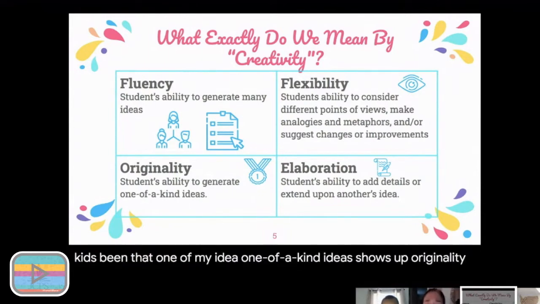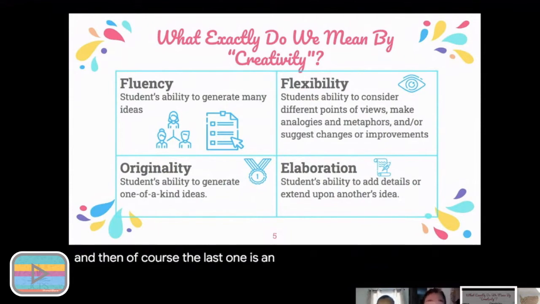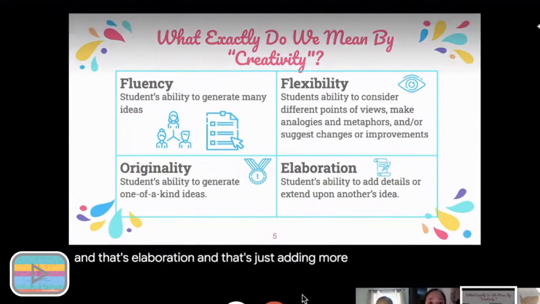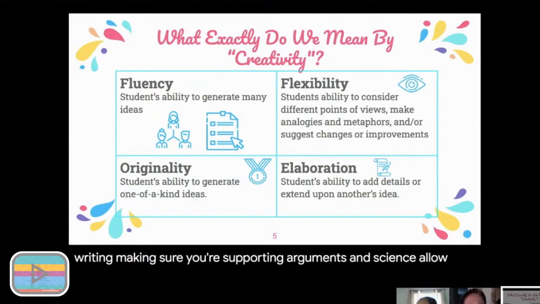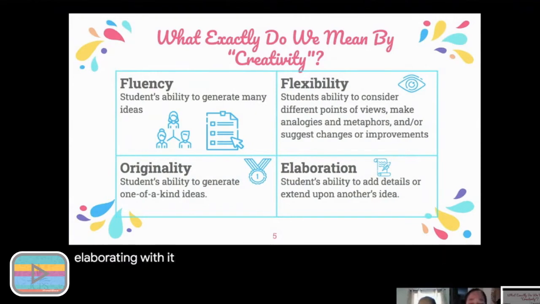Originality. And then, of course, the last one is an English teacher's dream come true, and that's elaboration. That's just adding more, explaining, embellishing, all of those good skills, showing and not telling in your writing. Making sure you're supporting arguments in science, elaborating with examples and evidence, things like that.